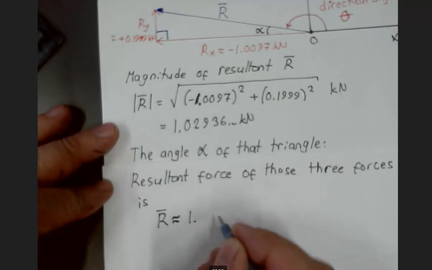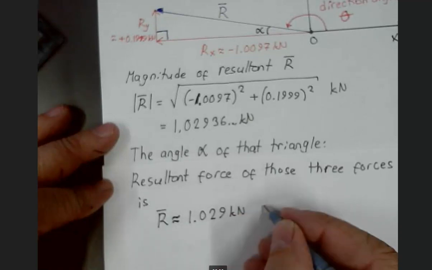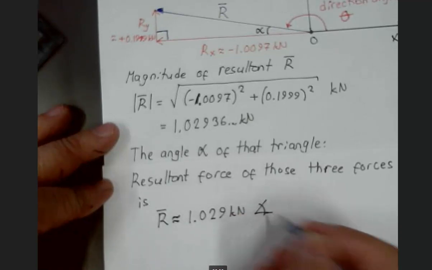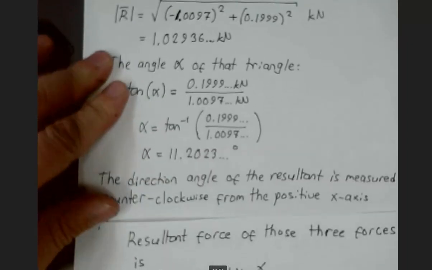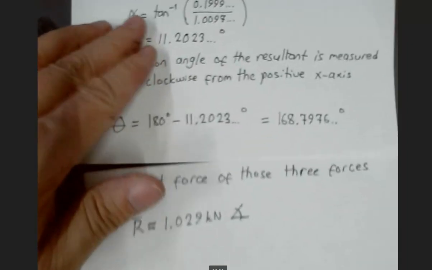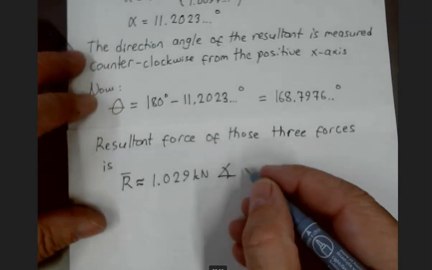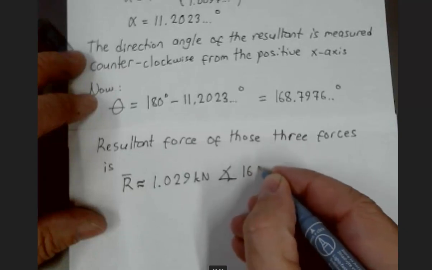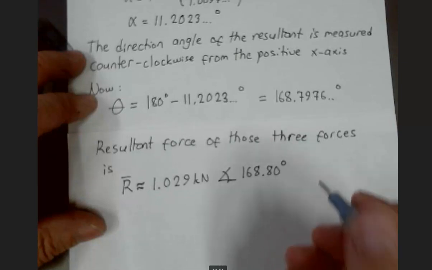Approximately 1.029 kilonewtons, and the angle or the direction angle of that force is that angle, and if I round that to 2 decimal places, it would be 168.80 degrees.